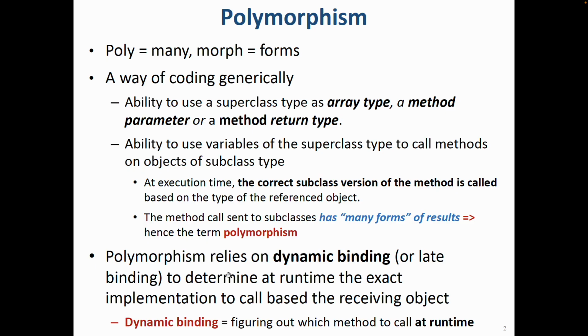And polymorphism relies on dynamic binding. We will see it in the following slides. In short, for now what we can say is, when we compile our program, Java knows, okay, this is a book object, this is, I don't know, the smartwatch object, it knows it.